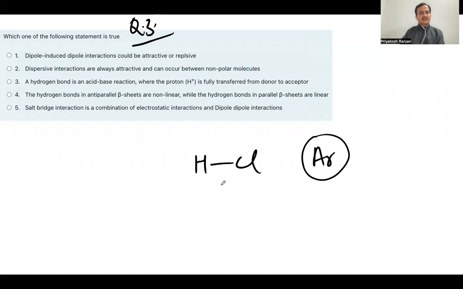This HCl, because of the electronegativity difference, has a dipole. It will induce a dipole in a nearby non-polar molecule. And how? By pushing the electrons. They are going to carry partial negative charges, this one partial positive charges.